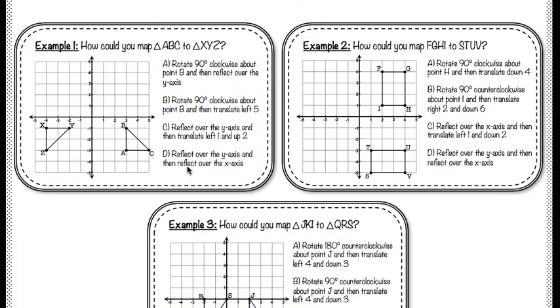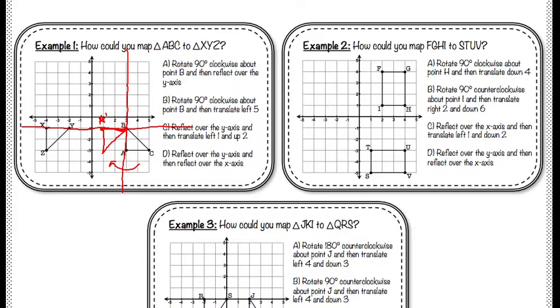Answer choice A says rotate 90 degrees clockwise about point B. And I'm going to draw an X and Y axis around point B. So 90 degrees clockwise would put this figure, okay, so this would be A prime over here, and then the figure would look like this.